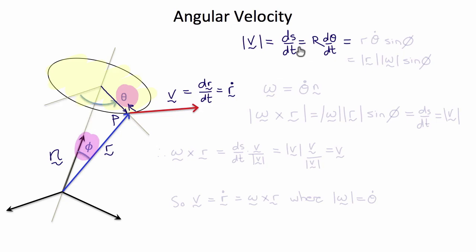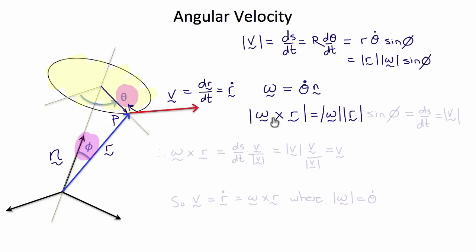So ds/dt equals little r theta dot sine phi, where little r is the magnitude of the position vector r, and theta dot is the magnitude of the angular velocity vector omega. So the magnitude of the velocity equals the magnitude of the radius times the magnitude of the angular velocity times sine of phi, where the angular velocity vector has magnitude theta dot and direction n.